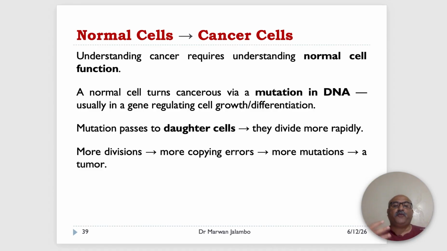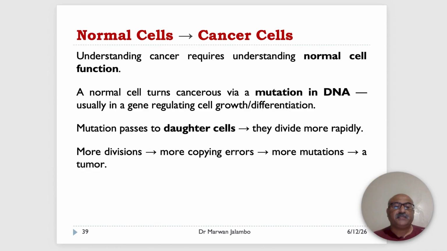Here is the molecular heart of cancer. A normal cell becomes cancerous through a mutation in its DNA, usually in a gene that controls cell growth. When that cell divides, it passes the mutation to its daughter cells, which now divide too fast.